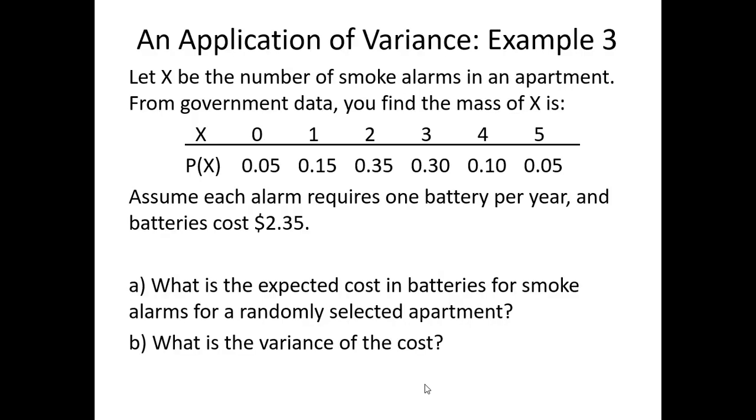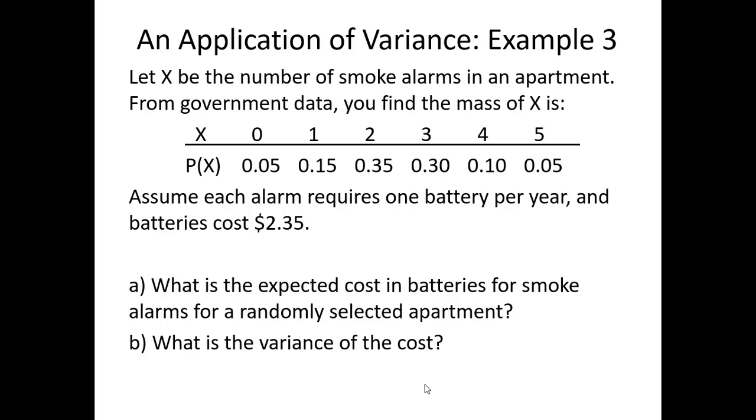In our next problem, I call this an application of variance. It's using variance in a practical way, essentially an expected cost problem. Let's say that X represents the number of smoke alarms in an apartment.